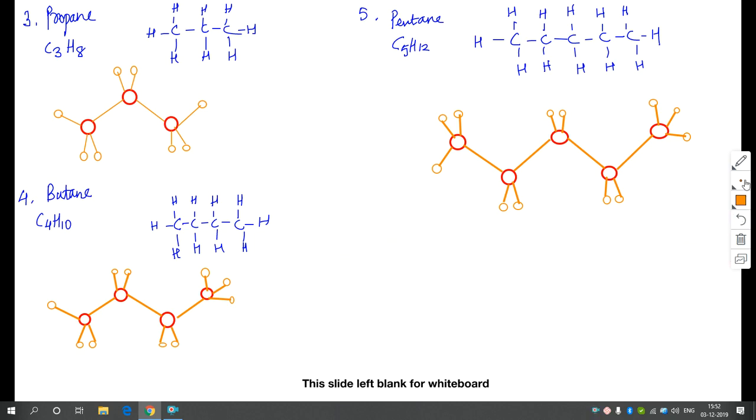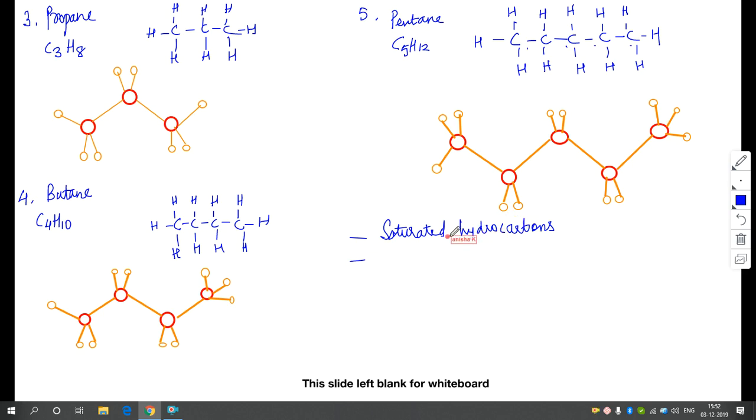Now, alkanes are all saturated hydrocarbons. What do you mean by saturated hydrocarbons? I'm not sure. Saturated hydrocarbons means their carbon atoms are all joined to each other by single bonds.